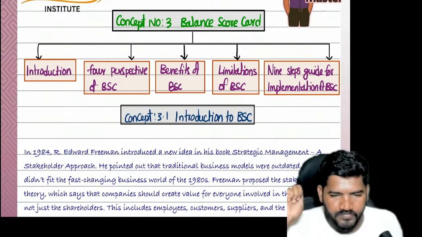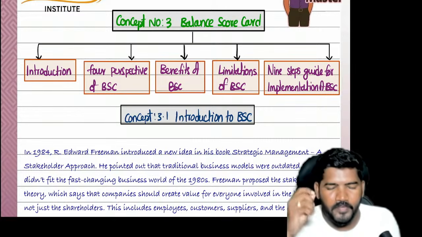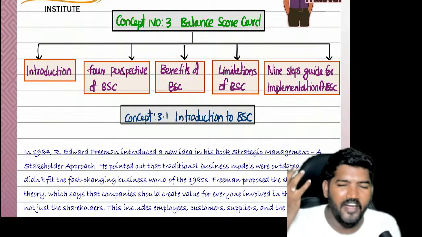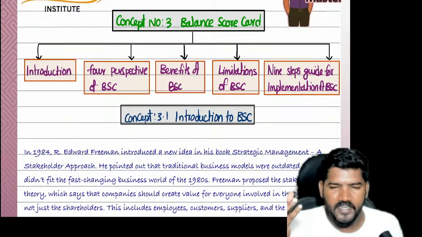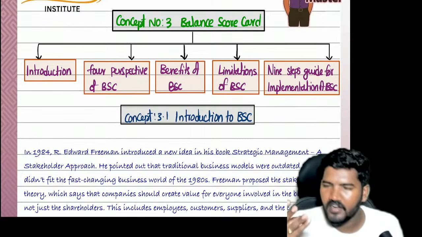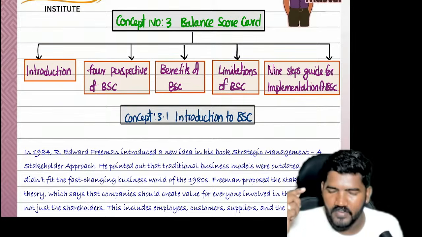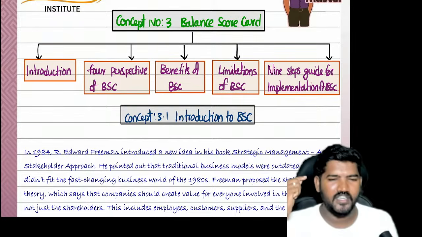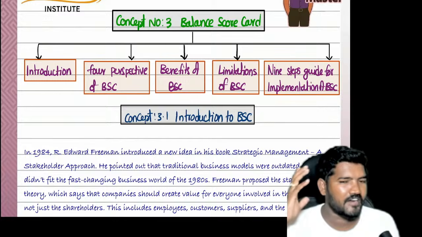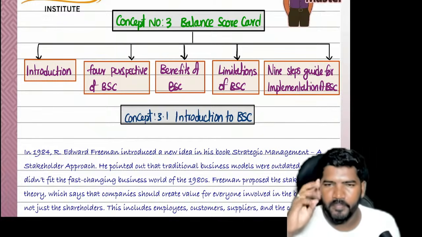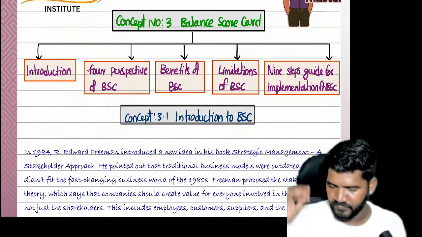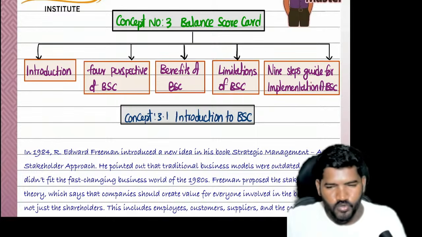Hope you guys are clear. So the word balanced scorecard means we're using four pillars to protect our organization. What are the four pillars, guys? One is the financial pillar, another is the learning and growth pillar, another is the internal control pillar, and another is customer satisfaction, the customer perspective. If a company focuses on these four pillars, automatically the company will grow. So that is the soul of the balanced scorecard concept.